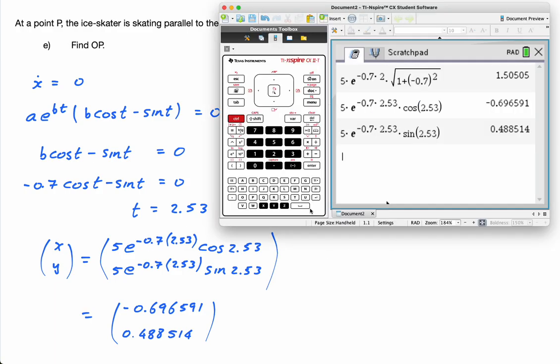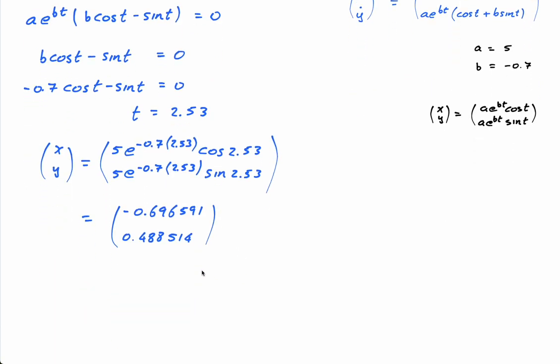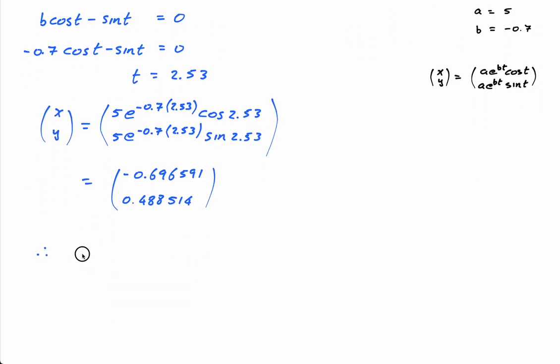So that is the displacement vector. So that means he's at this point, he's at minus 0.696591 and 0.488514. So we need to find the magnitude of this. So the magnitude, therefore, I'm going to say therefore OP, so this is like P, OP is equal to, it's just this, it's the square root of this squared plus this squared.